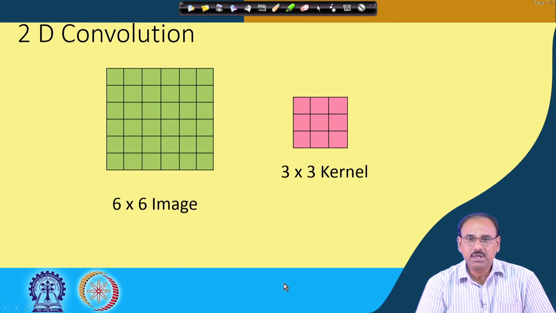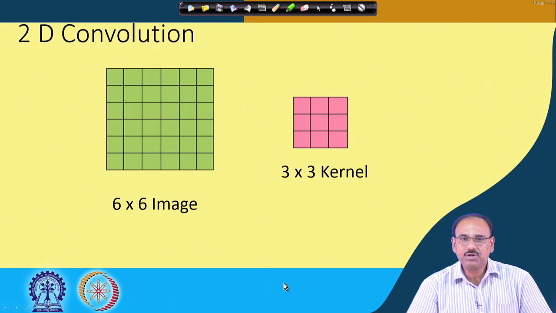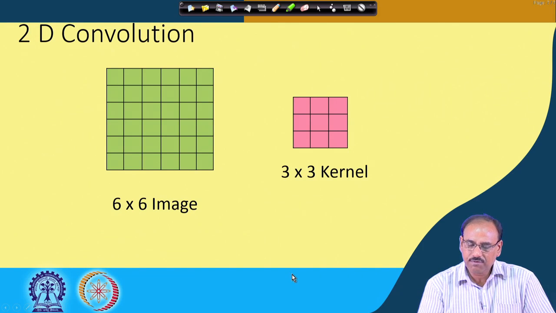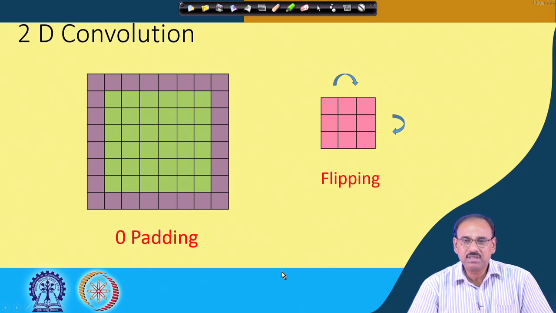Similarly, in the case of 2 dimensions, or images, let us assume that I have an image of size 6 by 6 and a kernel of size 3 by 3. In order to perform the convolution, the first operation is, because I have a 3 by 3 kernel, to pad with extra rows and columns.